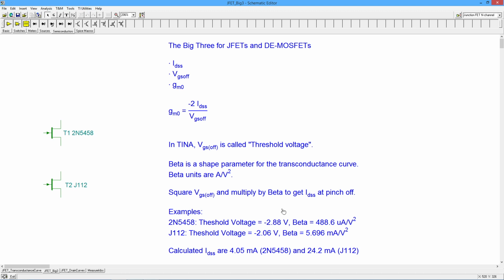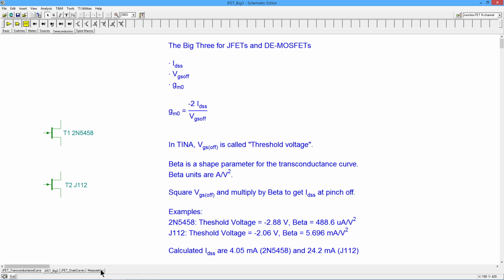Are you going to get the same value? No, you're not. As we just saw, you're actually going to get a higher IDSS. And if the higher IDSS is then used in this equation, you get a larger GM0, which would lead to a larger GM. So the accuracy starts to go away once you're looking at a larger and larger value for VDS. Okay, so what do we do about that?